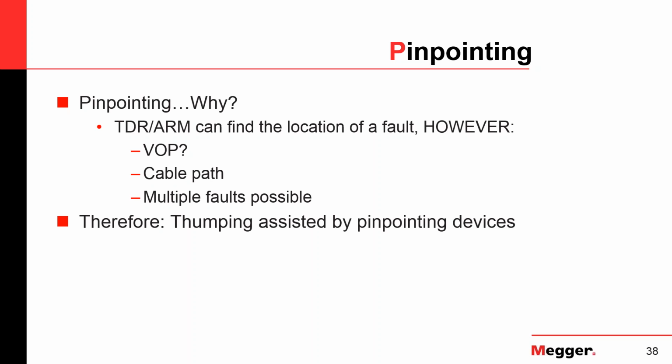Then the distance is correct, but it's physically at a different spot because the layout of the cable is different. And also, the reason you have to do pinpointing is you always have the possibility, the nasty situation, that you have multiple faults on the same cable. Therefore, you apply a process that is typically referred to as thumping, and you assist the thumper by using a pinpoint device.